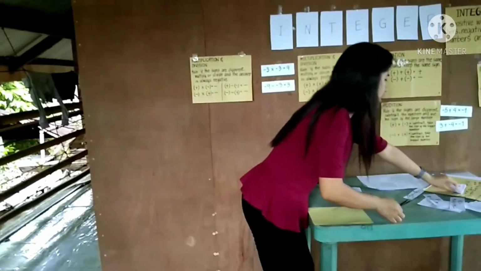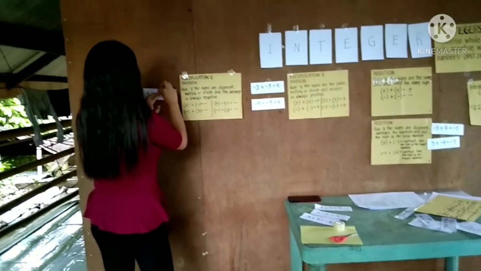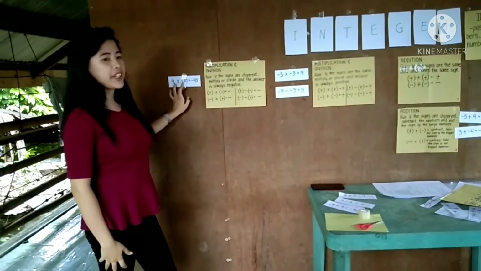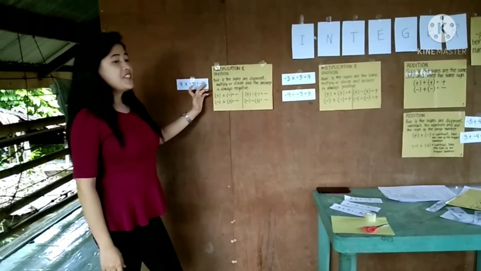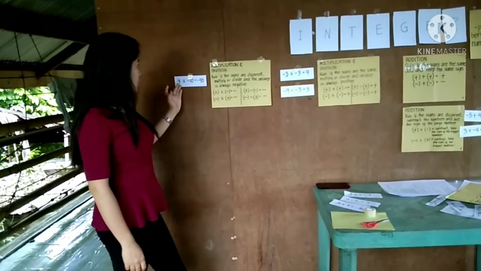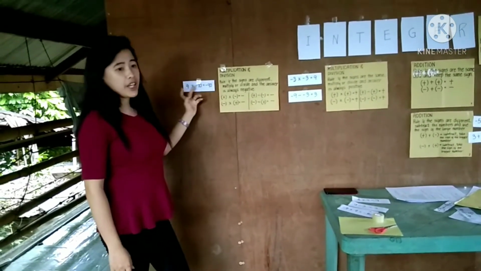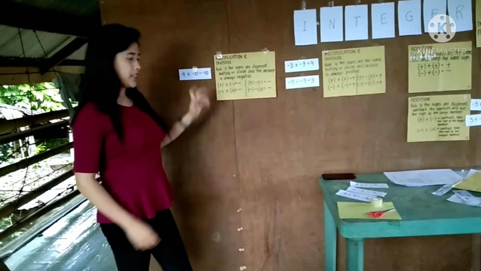So let's have this as an example. 9 times negative 10. The answer is negative 90. Why? You multiply 9 and 10, so 90. And dili man sila pareha og sign. They have different signs. So the answer is always negative.